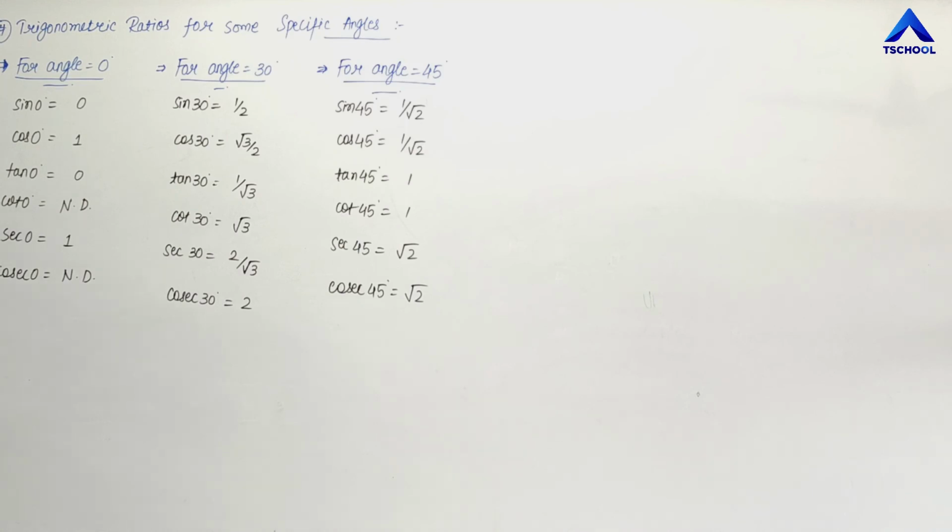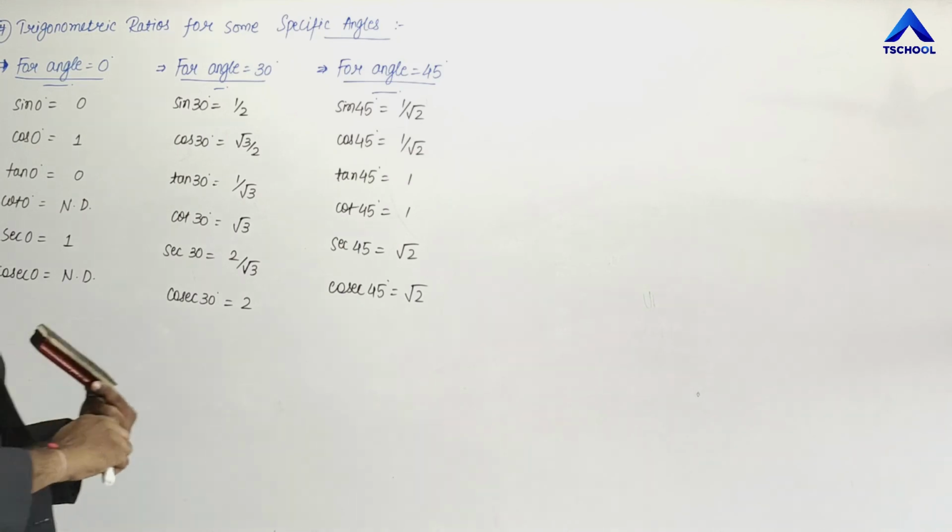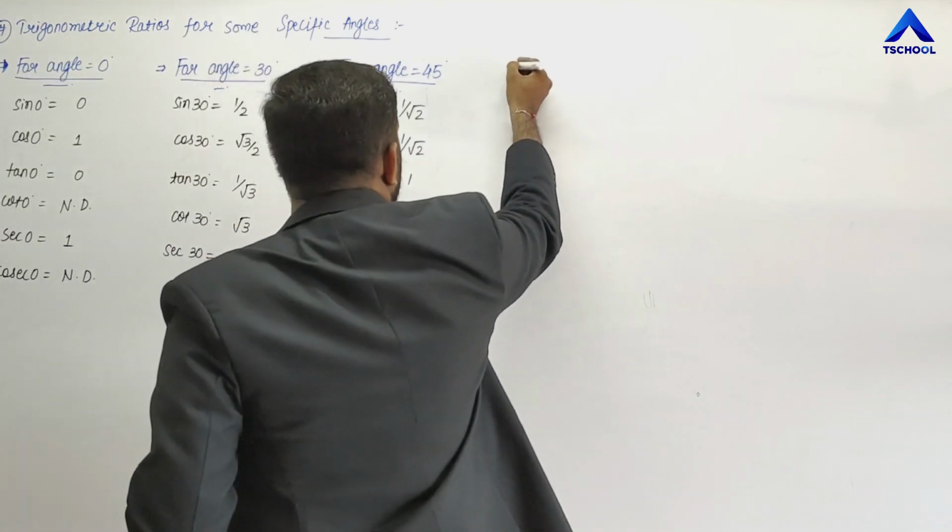So these 6 values will be for theta equals 45 or angle 45.